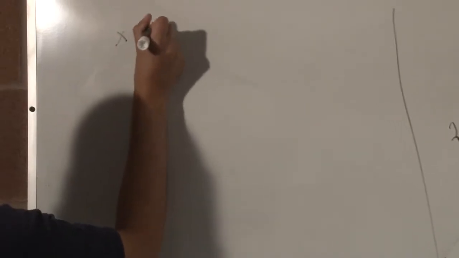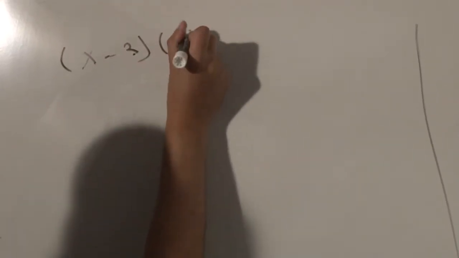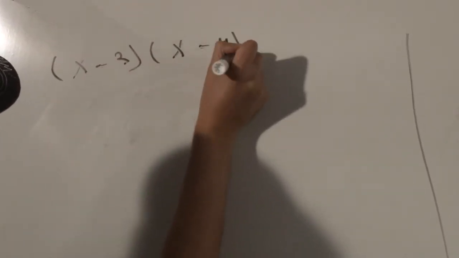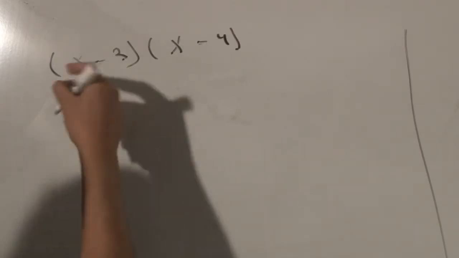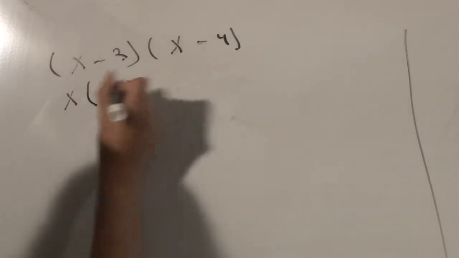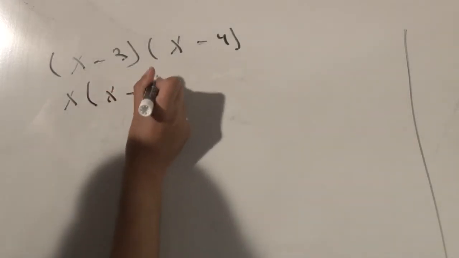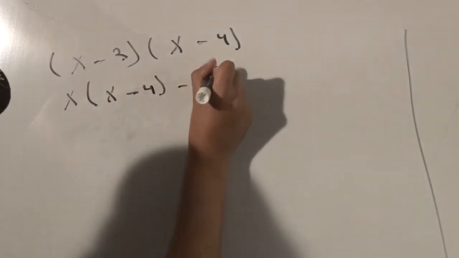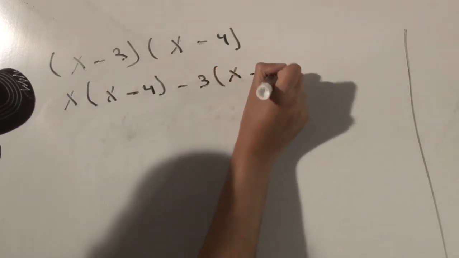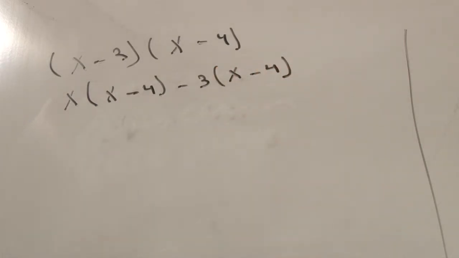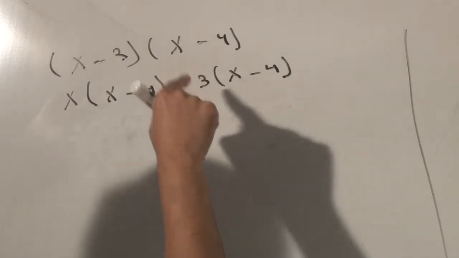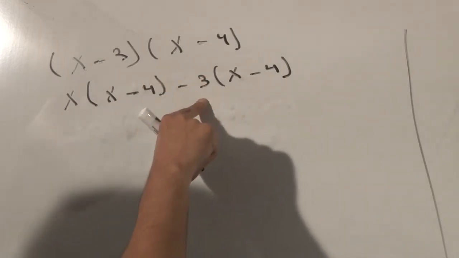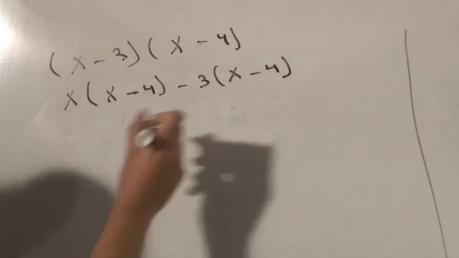Okay, one more example. x minus 3 times x minus 4. x times x minus 4, minus 3 times x minus 4. So again, I'm going to distribute x through this polynomial and distribute the negative 3 through this one.